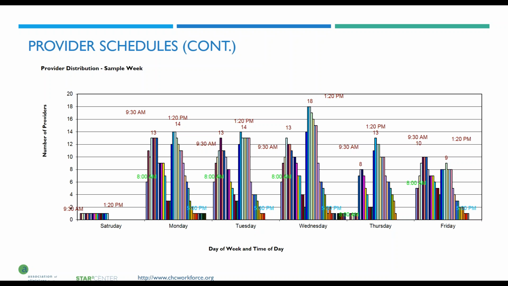And so you can kind of get a rhythm for, if you look on Mondays, you can see how people were starting to drop off their schedules. But I think the most important thing to look at is the comparison of Wednesday afternoons at 1:20 p.m. with 18 providers compared to the peak on Friday afternoons of 9 providers. And of course, across this entire week, they have the same number of support staff. They don't change the number of support staff they have by the day of the week.